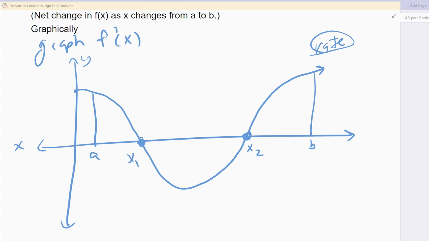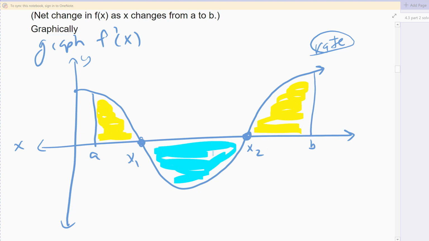All right, so if I'm thinking about this in terms of area, this would be an area, this would be an area, and this would be an area, right? Now, the area that I've highlighted in yellow would be a gain, right? Suppose this is area 1, this is area 2, this is area 3. And so from A to this first moment, this is an increase. And so area 1 would equal a gain.